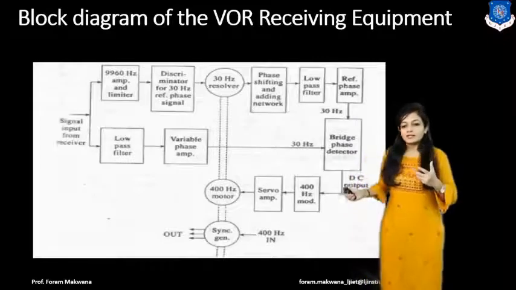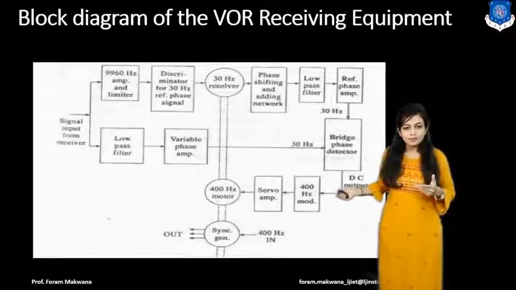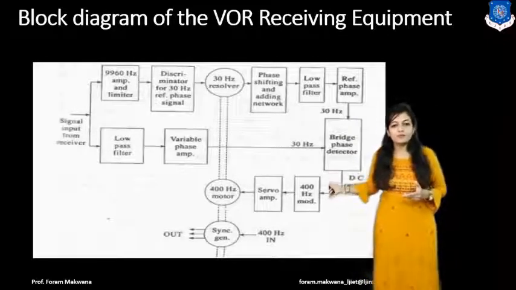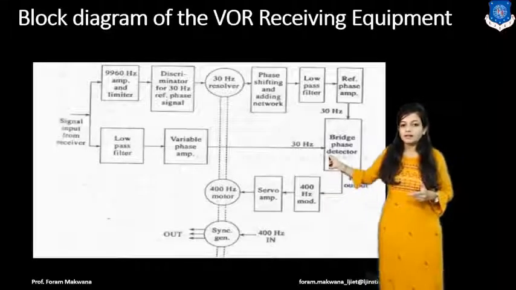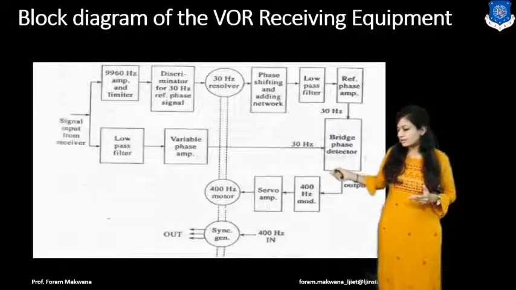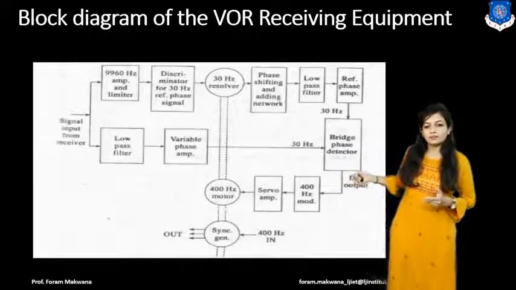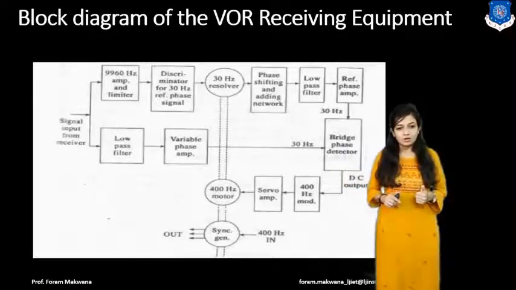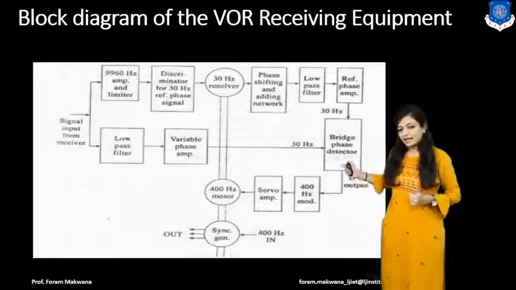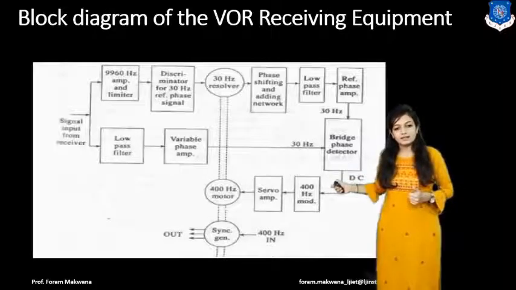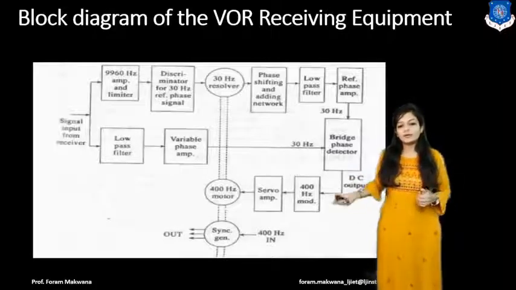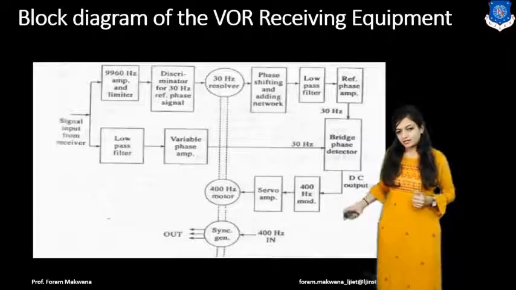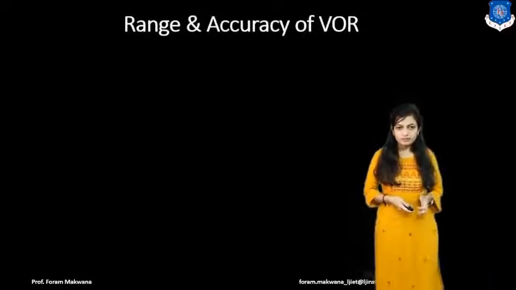That signal has a very low amplitude, so it is amplified with the help of a servo amplifier, and the 400 Hz motor is run with the help of that signal. Alright, and that signal is also provided for synchronization. So this is the block diagram of VOR receiving equipment, right?